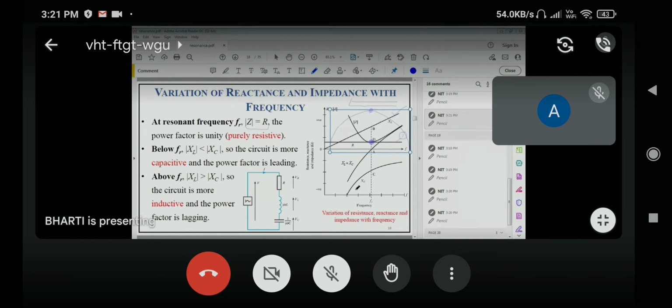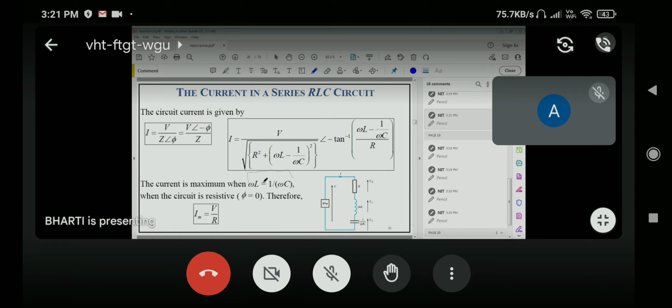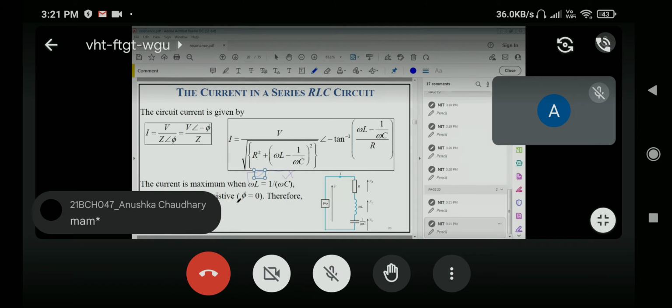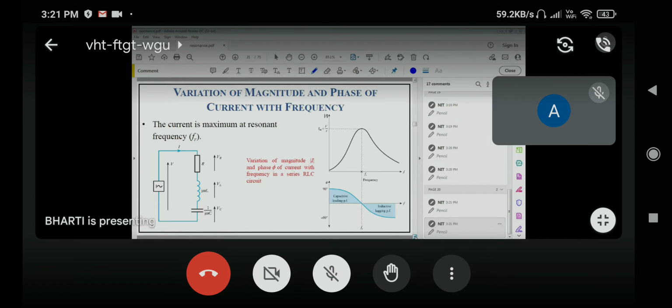Yes, ma'am. That is what is being discussed over here. The current will be maximum at resonant frequency. Obviously it will be maximum where omega L is equal to 1 by omega C, and it will be resistive, so Im is equal to V upon R. As I was just telling you, at resonant frequency we can say this will be like this, and your impedance will be something like this.